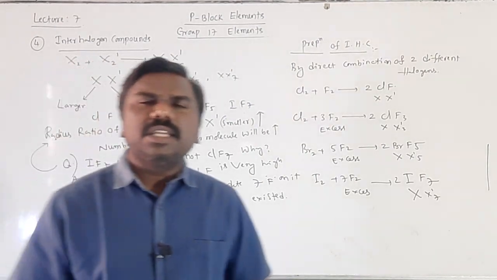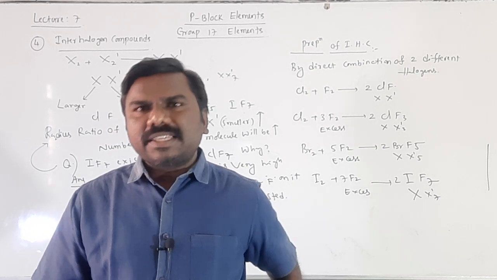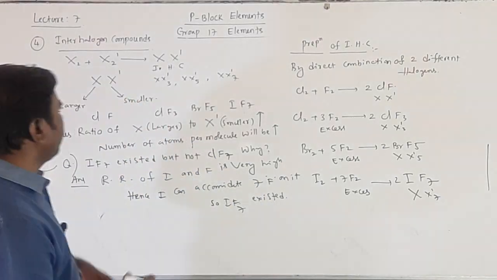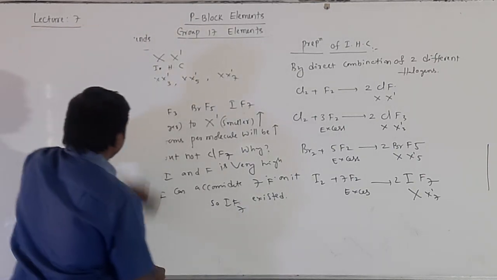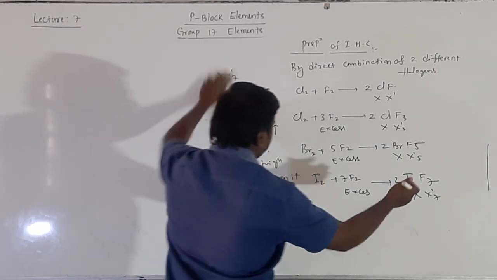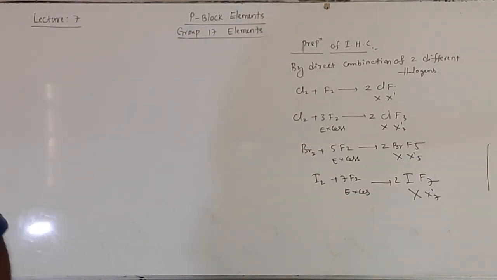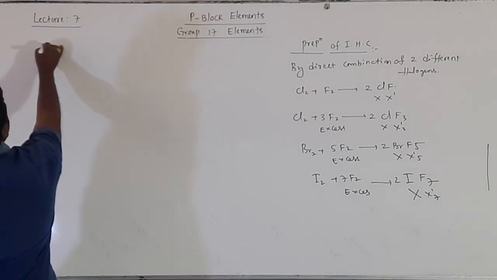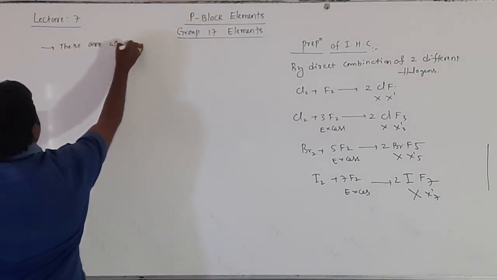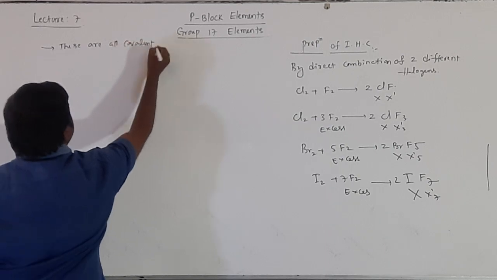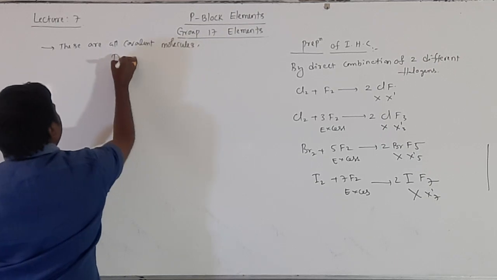These are all actually colorless gases, except ClF. A few properties we will discuss. Interhalogen compounds and their properties. Preparations completed. These are all covalent molecules, diatomic especially.